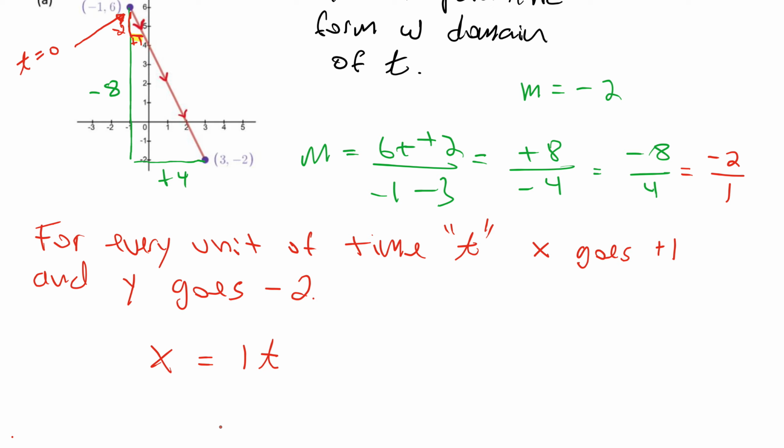And the starting value is when t is 0, so we have 1 times 0. When t is 0, x is negative 1, right? So then this has to be negative 1 right here, because when you work out this math, x becomes negative 1.